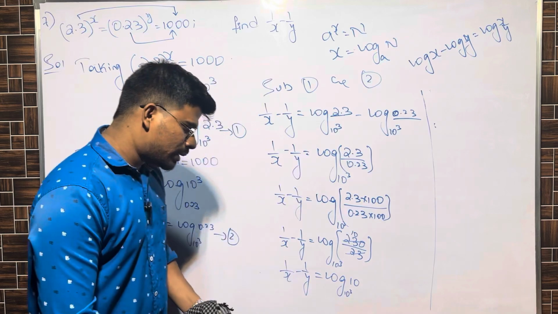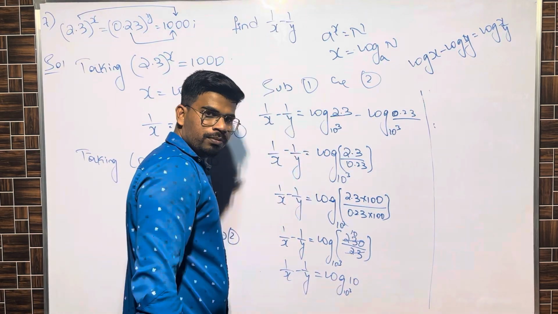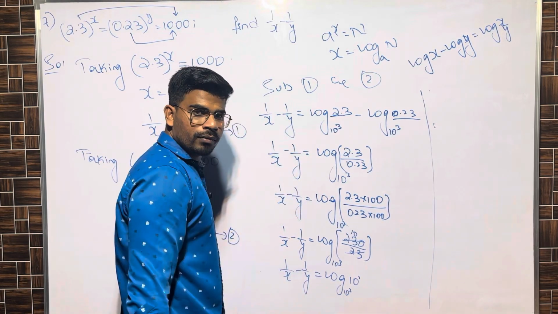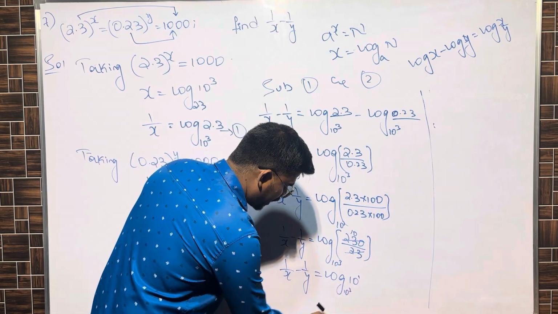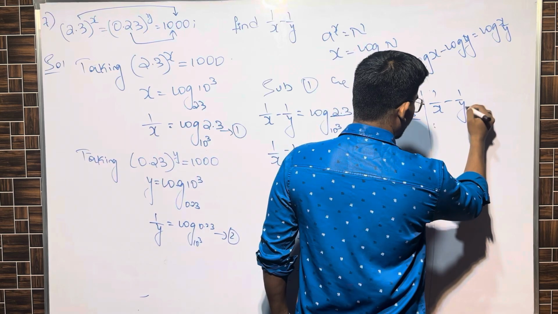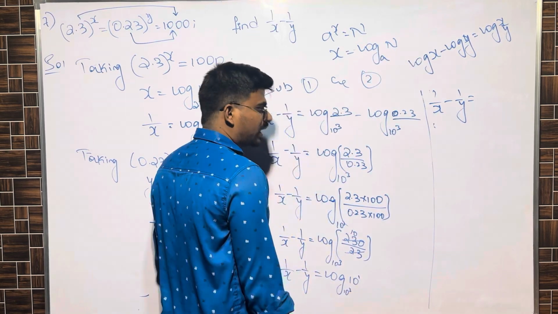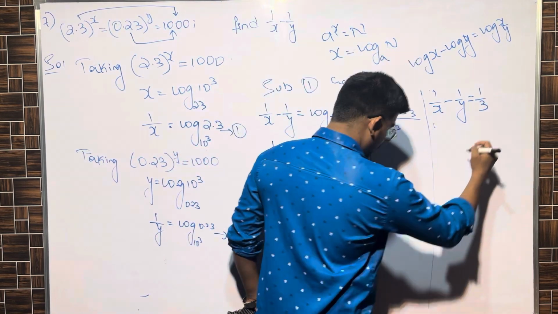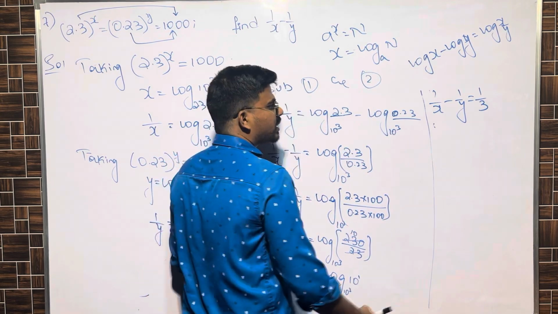Here it is log 10 to the base 10 cube. Can I take 1 over here? If I take 1, what will happen? 1 by 3. 1 by x minus 1 by y is equal to 1 by 3 taken before. What else do we have? Log 10 to the base 10.